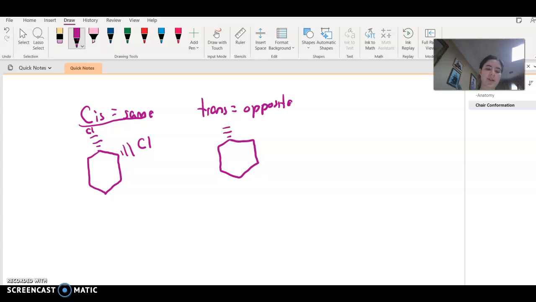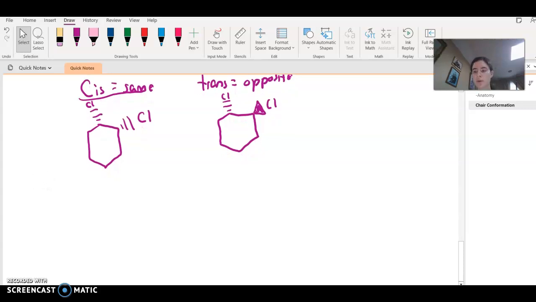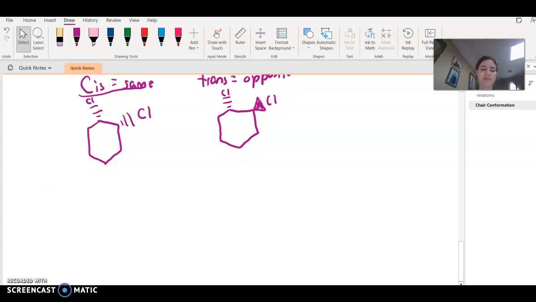Okay, and trans will be opposite. So we will have this, this. So this means that they are different directions. So one will be going up or down, they cannot be both going up. Alright, so how do we draw this for the ring? Now remember our process.